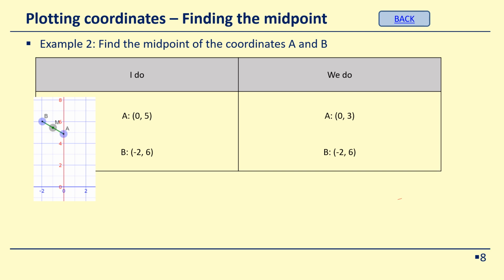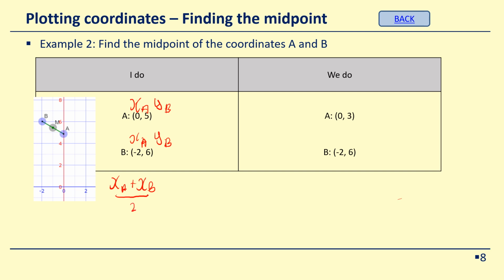Okay, so using the formula, I'm just going to write the formula again. x1, y1, x2, y2, or A and B, maybe if it's easier actually. So XA plus XB over 2.